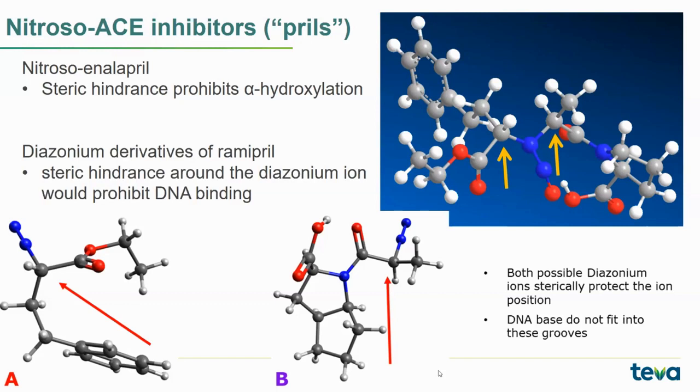But even if theoretically they would undergo that hydroxylation and form either of the diazoniums, we can see here that the diazonium analogs would also be very sterically hindered by the other side of the compound, and it would be very difficult for DNA to actually fit into these grooves and interact with this diazonium.